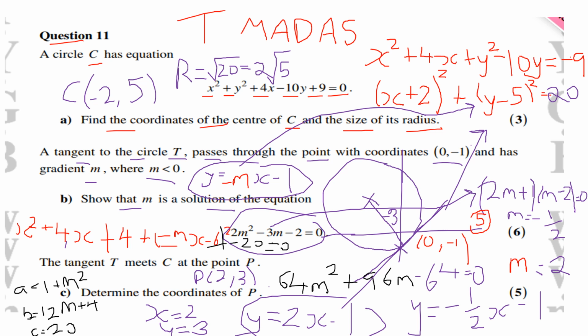So the other coordinate gives you minus 10 over 2.5, so it gives you minus 4 for your other coordinate. And then the corresponding y coordinate will be 2 times minus 4, that'd be minus 8, minus 8 minus 1 would be minus 9, okay?